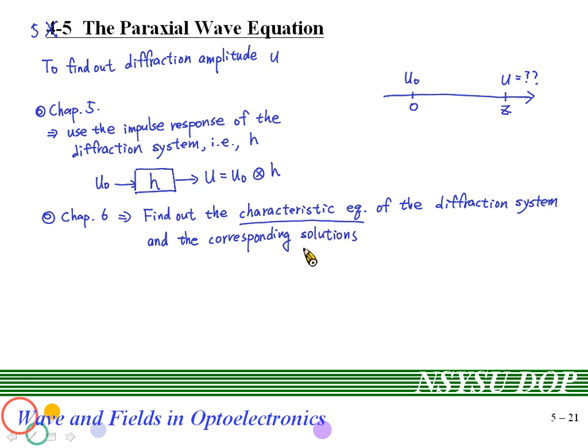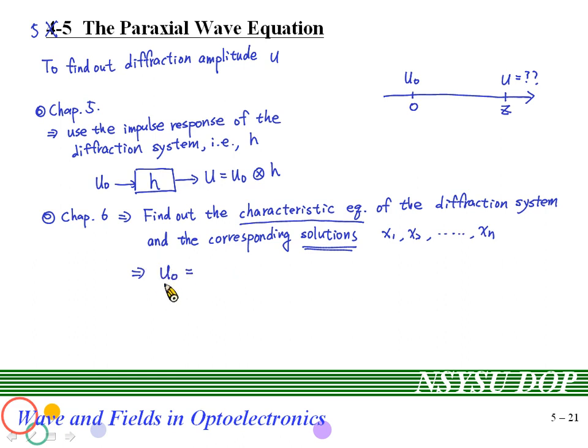Suppose that the corresponding solutions for the characteristic equation of the diffraction system are x1, x2, and xn. Then we say that the initial amplitude U0 can be expanded by these solutions. What I am saying is that U0 can be expressed as the superposition of these solutions.